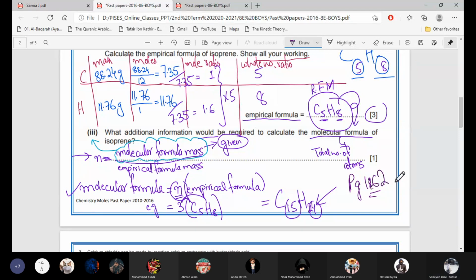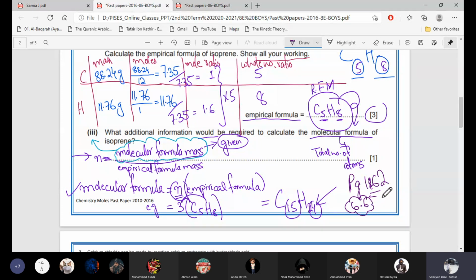On page 162, there are two questions, 6.5 and 6.6. In question 6.6, you can see that in part A, they have written calculate its empirical formula.